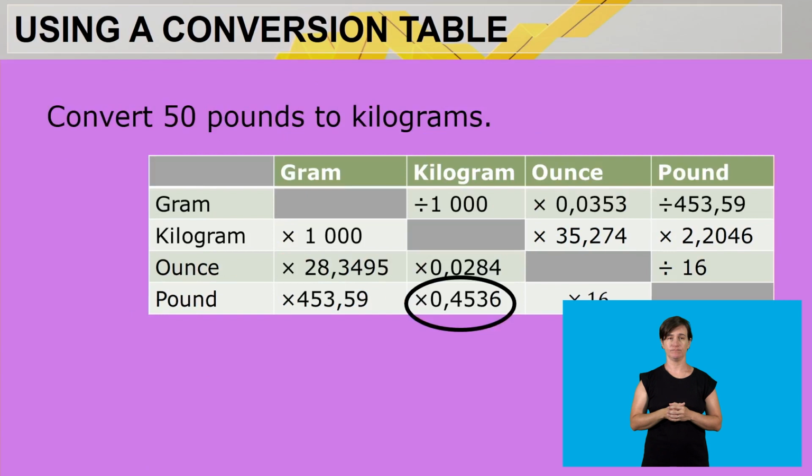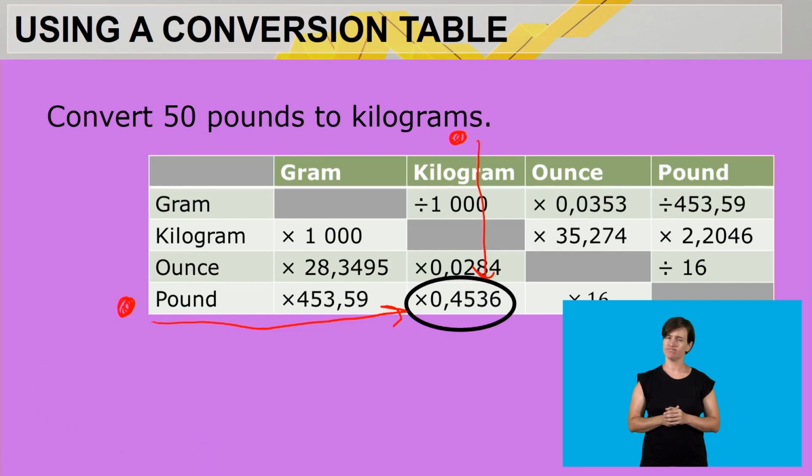Next one, convert 50 pounds to kilograms. Let's look at our conversion table. First, we are going to find pounds. Here it is. And we are going to kilograms. There is kilograms. Kilograms goes down, pounds go to the right. So our conversion factor then is 0.4536.